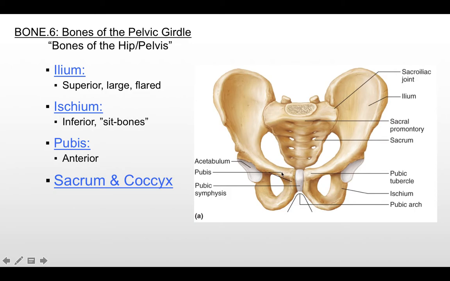Lastly, the anterior portion is known as the pubis bone. These 3 bones, the ilium, ischium, and pubis, all look and function as one piece, but much like the skull, they're independent bones that have fused together. Also included in the pelvic girdle is the sacrum and coccyx, though we covered them in the axial skeleton video.